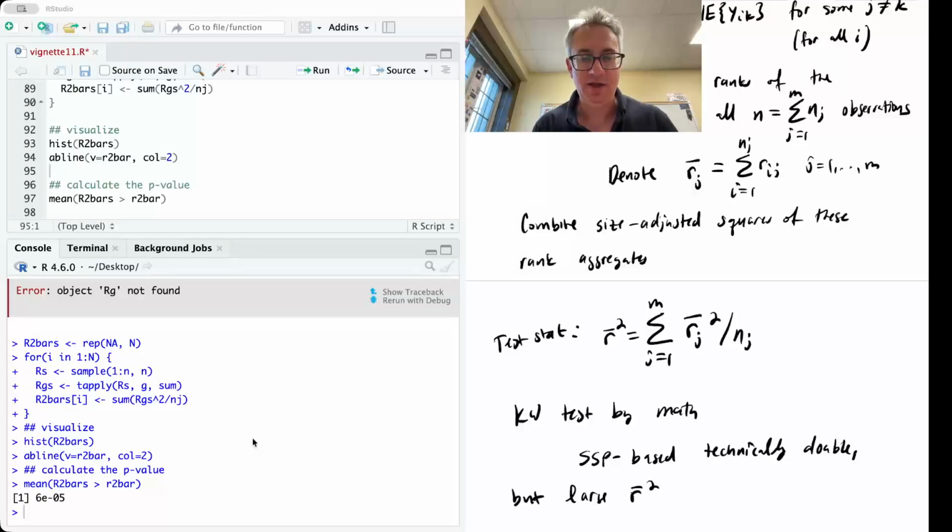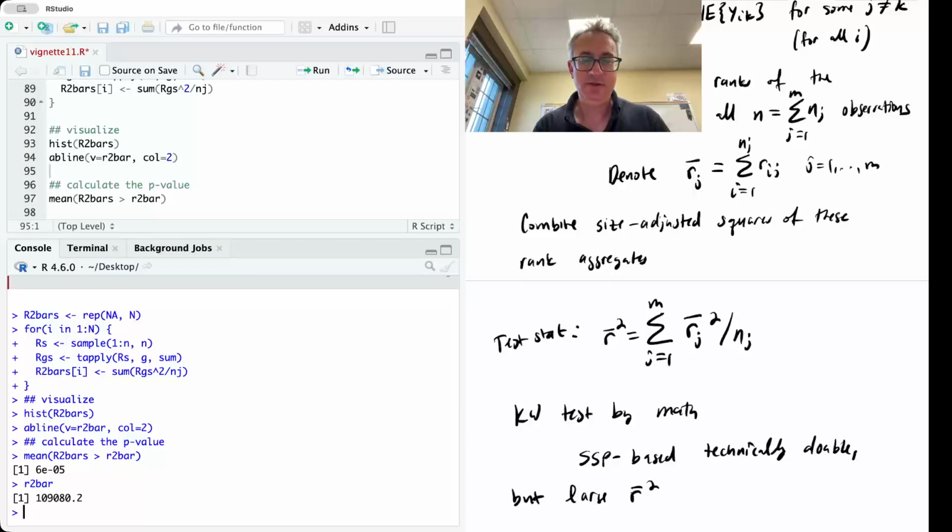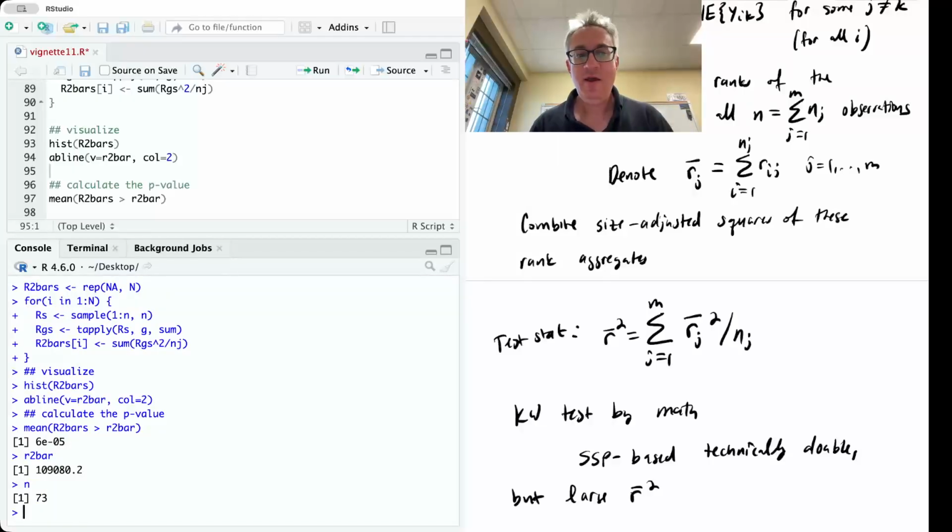Our statistic, just going back here to put it back up, R2 bar, is 109,000. So we're going to have to figure out how all of these numbers, of which we have a total of n, how these 73 numbers add up to this really big R2 bar. There's a lot of ways to do that.